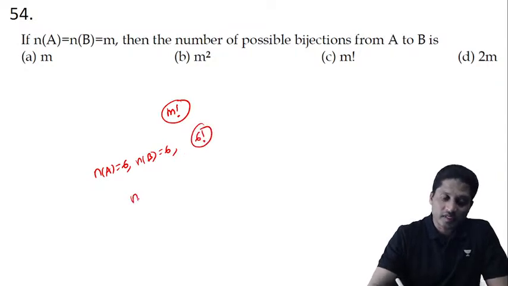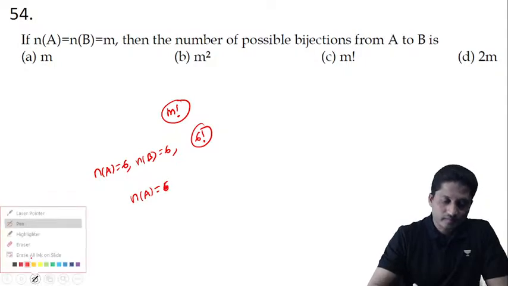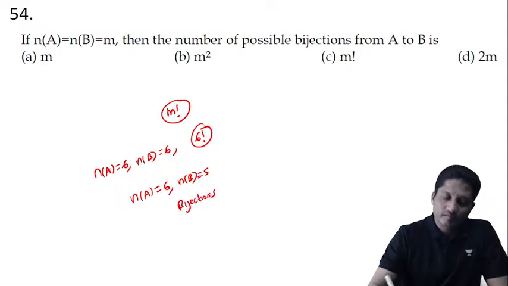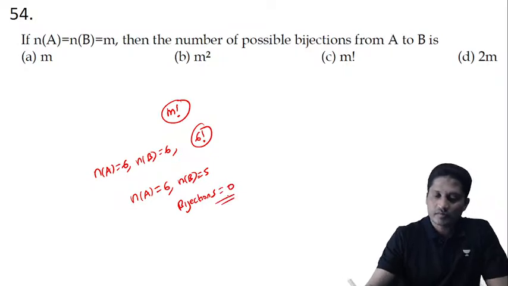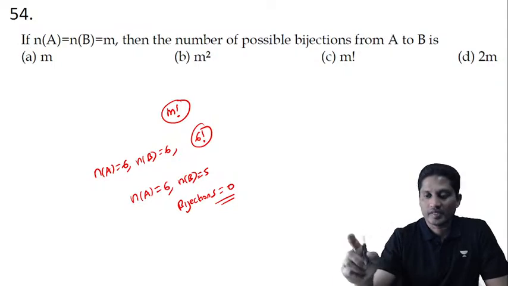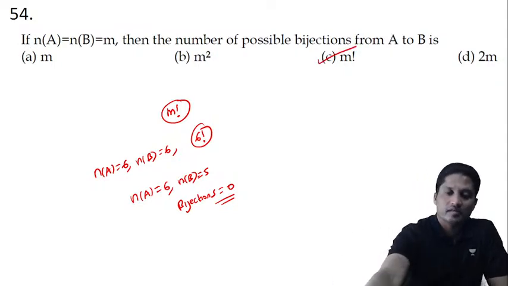But if they are not equal, suppose set A contains 6 elements and set B contains 5 elements, then the total number of bijections is 0. So in this case, n of A equals n of B equals m, and the number of bijections is m factorial.